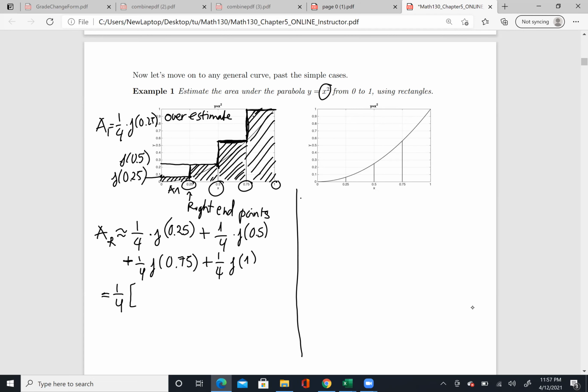Okay. So if I use the upper sum, it means the right endpoint sum will be 0.530, right?